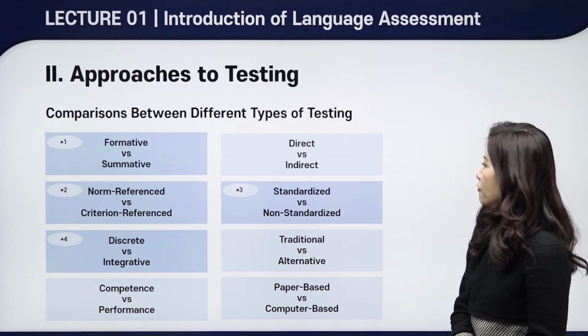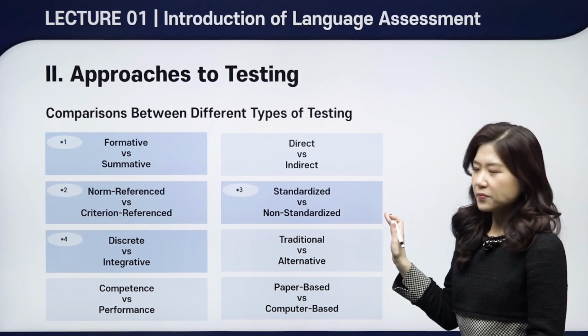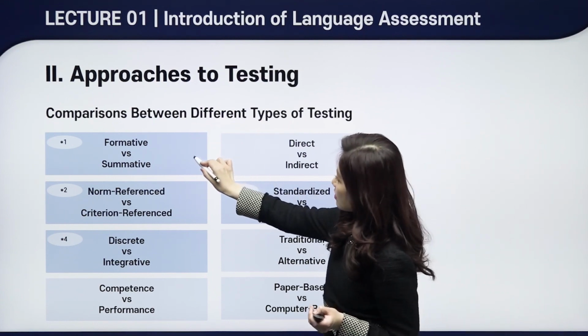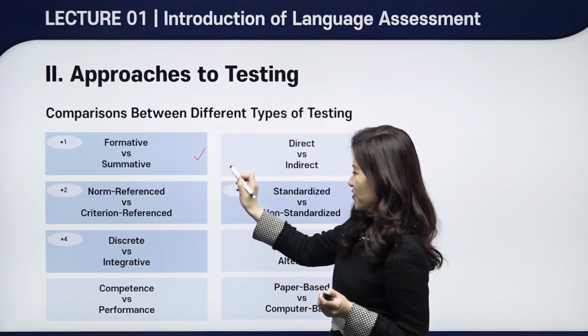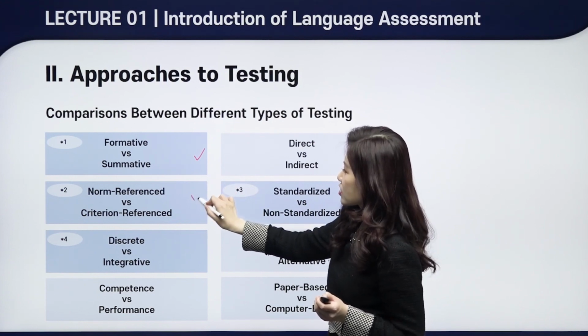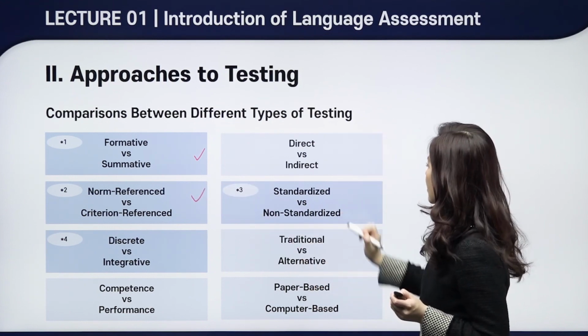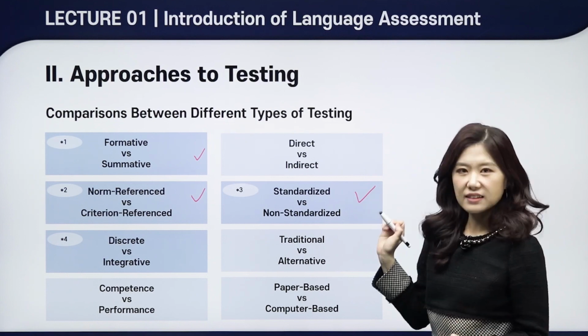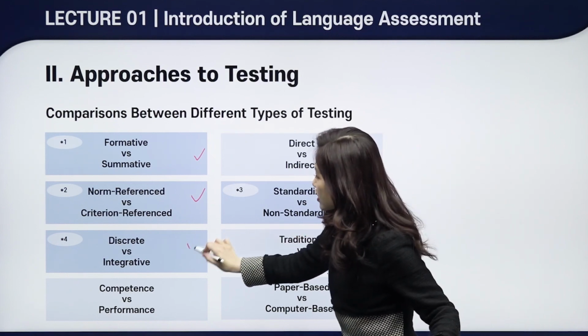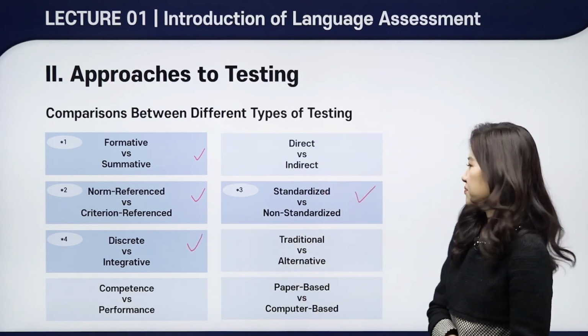We'll look at 4 of these pairs today. We'll look at formative versus summative, norm-referenced versus criterion-referenced, standardized versus non-standardized, and discrete versus integrative.